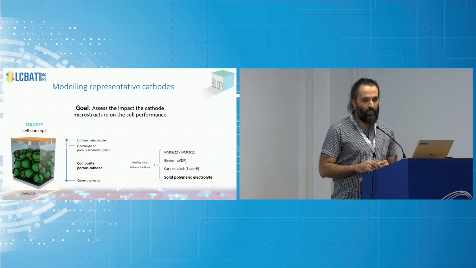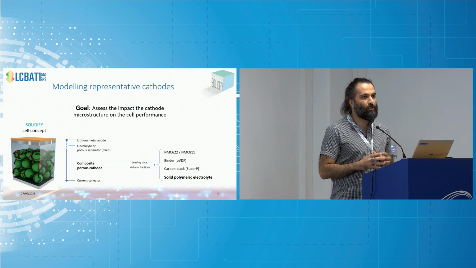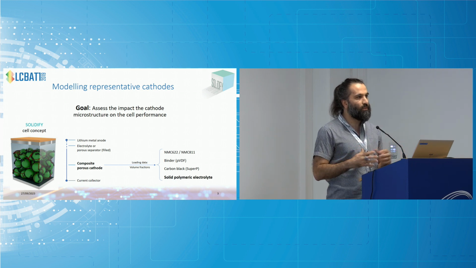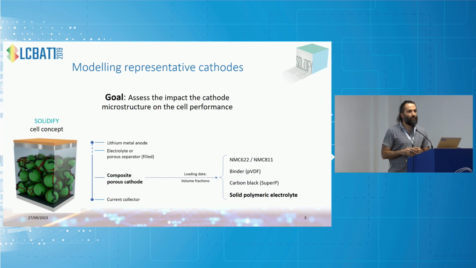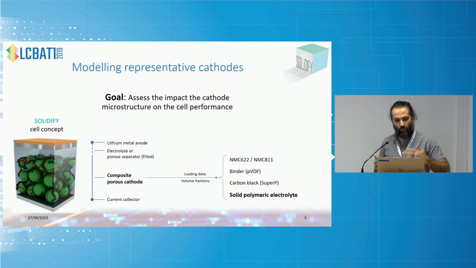trying to come up with a quite detailed representation of microstructures, composite electrode, porous electrode in general, but of course when they are also impregnated with the solid electrolyte. And the architecture of the sandwich layer that is usually simulated is generally a lithium anode, electrolyte and then cathode.